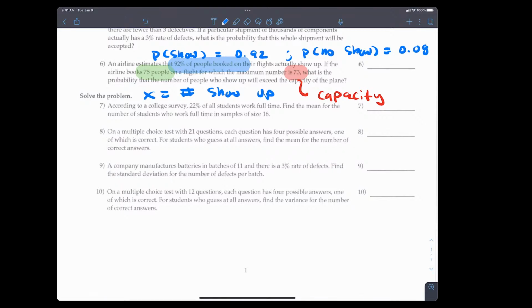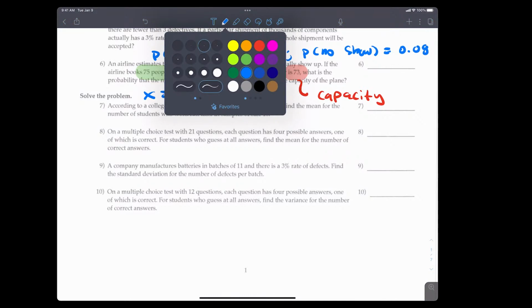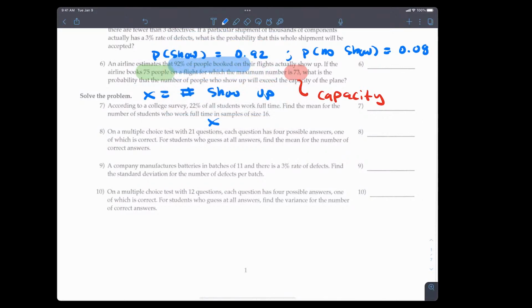They're saying exceeds 73. So here, I'm going to put it down here. X is greater than the capacity. That's exceeding the capacity. This is what they want to know. You're going to exceed the capacity of 73, and here is 75.